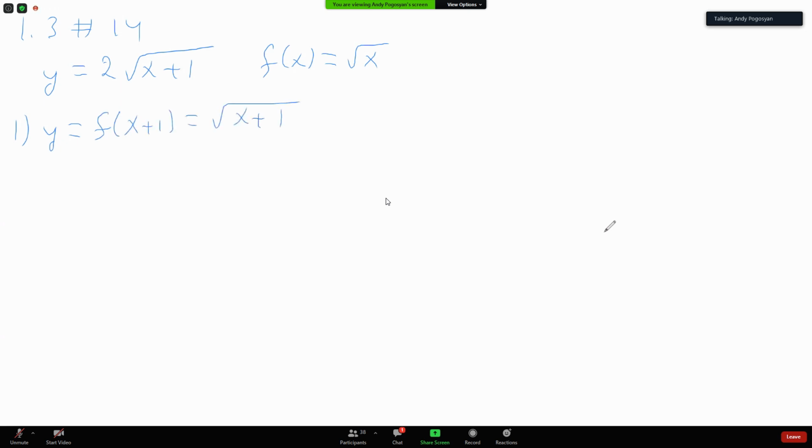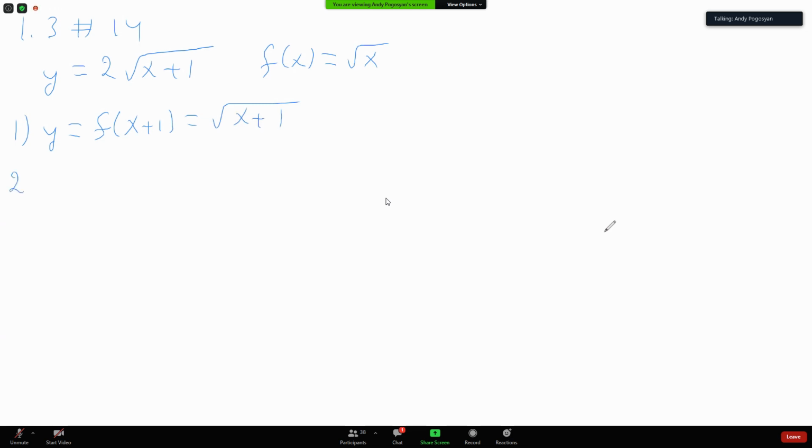So 1.3, number 14. So y equals 2 square root of x plus 1. Let's assume we're starting from f of x equals square root x. So first, let's make this y equals f of x plus 1, which means square root of x plus 1.